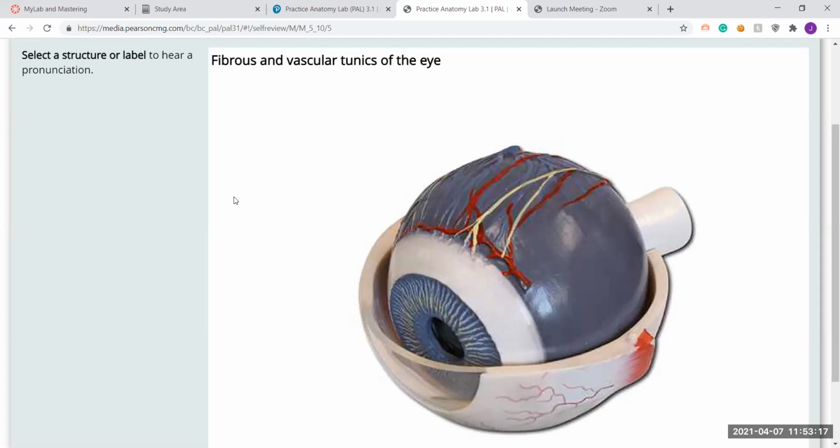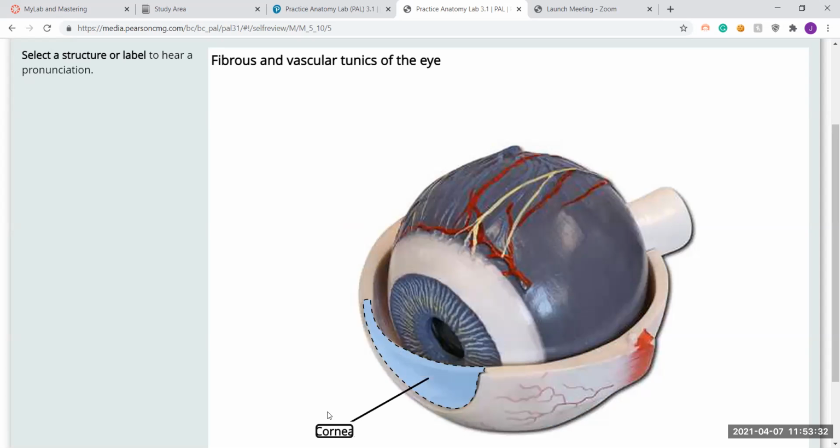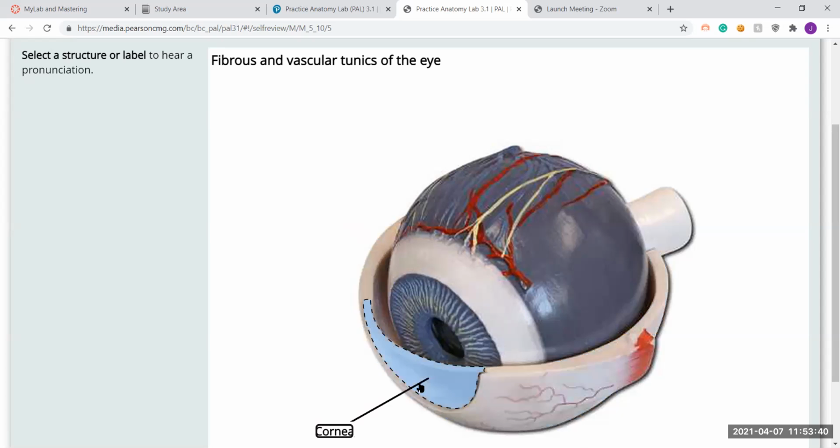Fibrous and vascular tunics of the eye again. So you see here, this is the sclera. And all the sclera part, you see they are opaque, light cannot enter. But when you come to the anterior part, this area, to see this area you have to move your pointer, is transparent, and this transparent area is called the cornea.